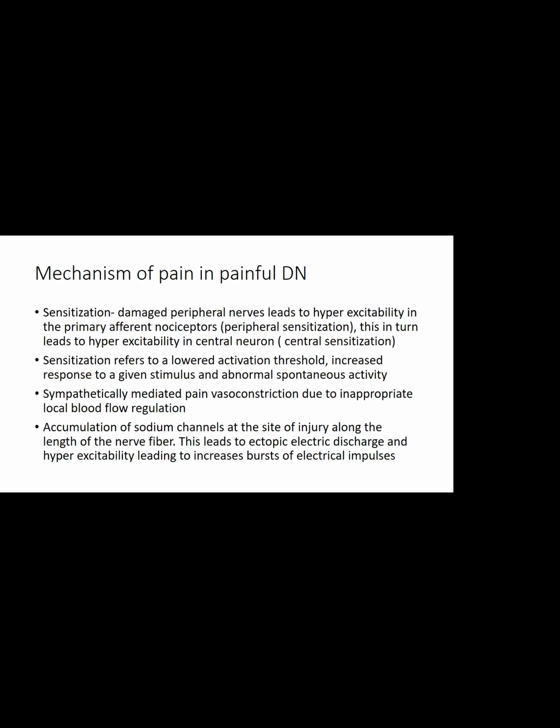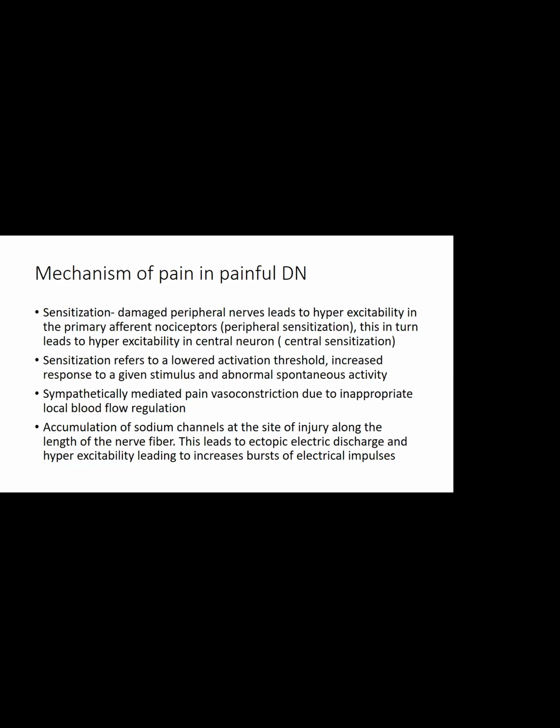Sensitization refers to a lower activation threshold, increased response to a given stimulus, and abnormal spontaneous activities. This generates sympathetic mediated pain, vasoconstriction, leading to inappropriate blood flow regulation. Accumulation of sodium channels at the site of injury along the length of the nerve fiber leads to ectopic electrical discharge, causing hyperexcitability, leading to increased bursts of electrical activities.